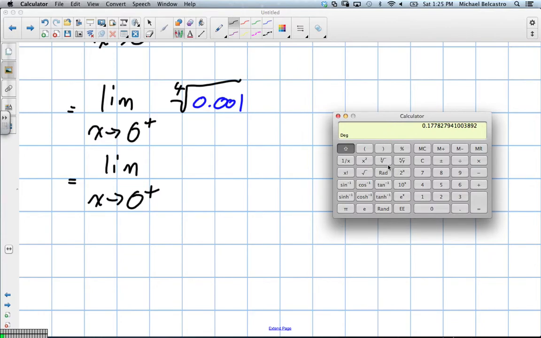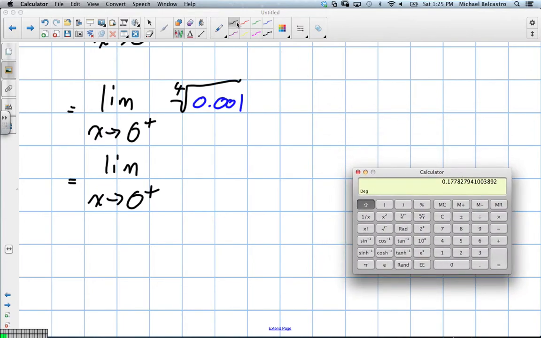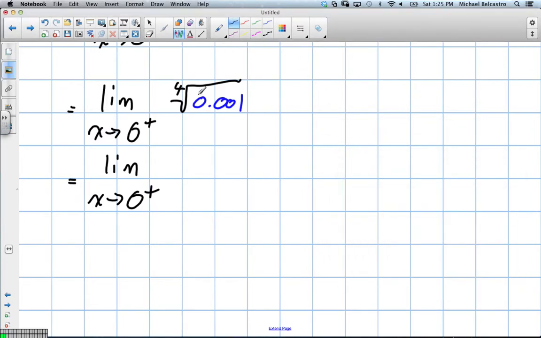Let me just double check. Power of 4. Yeah, that's right. I just wasn't sure if I was on the right button. Okay, so we got 0.177.